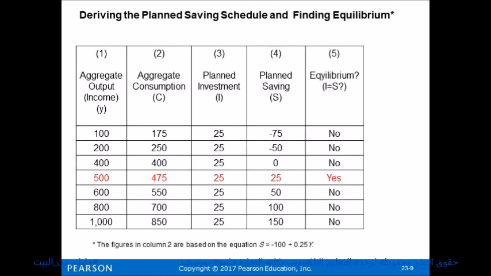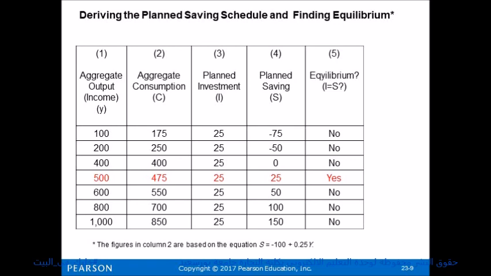And at this level of income only, we see that the value of saving is equal to the value of investment, and also, as we did see before, the value of consumption plus investment is equal to the value of income, which is 500.